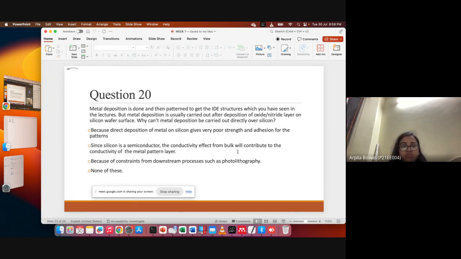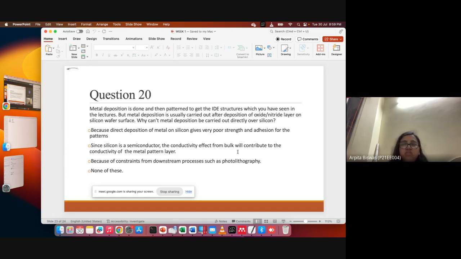So here the first option is because direct deposition of metal on silicon gives very poor strength and adhesion for the pattern. The second option is since silicon is a semiconductor, the conductivity effect from the bulk will contribute to the conductivity of the metal pattern layer. The third option is because of the constraint from the downstream process such as photolithography. And the fourth option is none of the above.